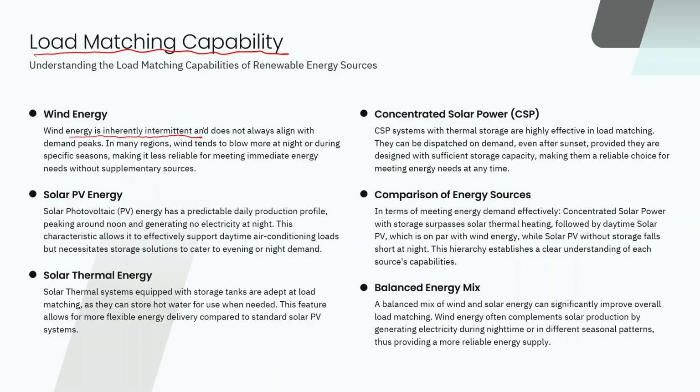So wind speed varies, the direction of the wind varies, it varies due to temperature changes. So you know that wind basically blows due to temperature differences at 2 points, right? So this can be due to various factors. Because of that, the wind speed and the wind direction can vary very rapidly. So that's why we call it an intermittent energy source, right?